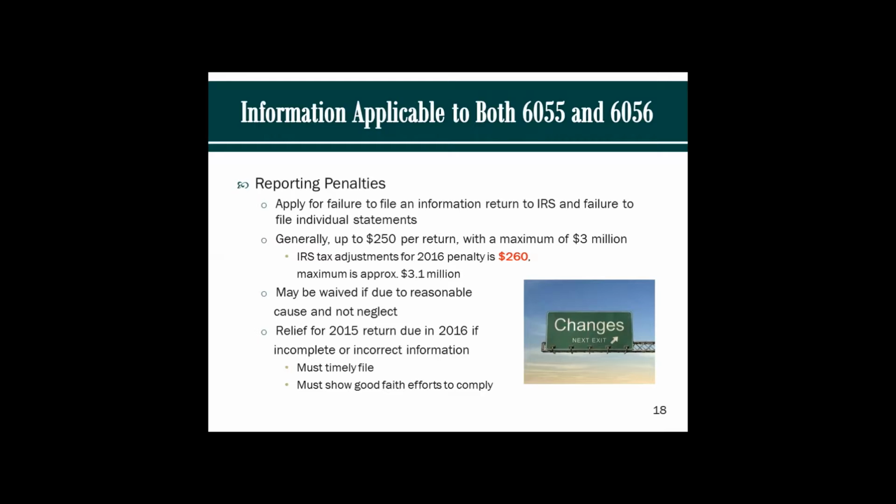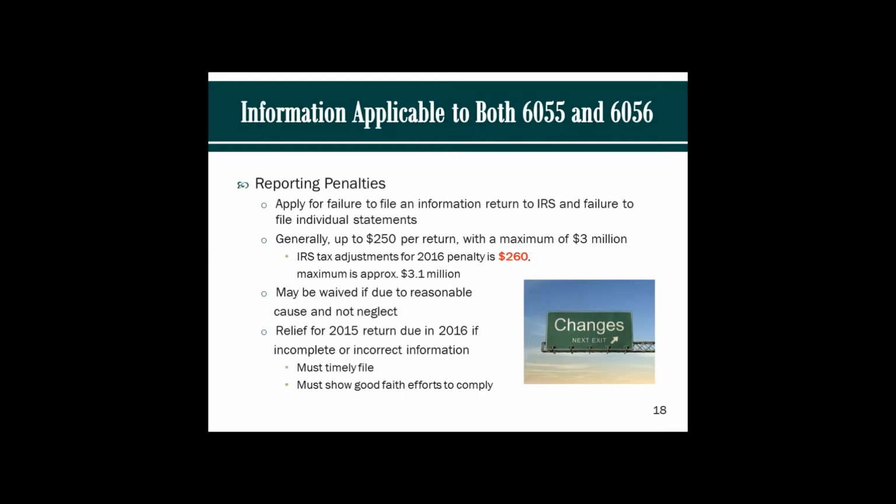this number is, first of all, mind-boggling to me. And why I find it mind-boggling is because when I was first talking about this early in the year, that penalty was $100. And then, based on our Trade Act, there was a provision put in the Trade Act, and it increased the penalty for this filing of an IRS form up to $250 per return, with a maximum of $3 million.